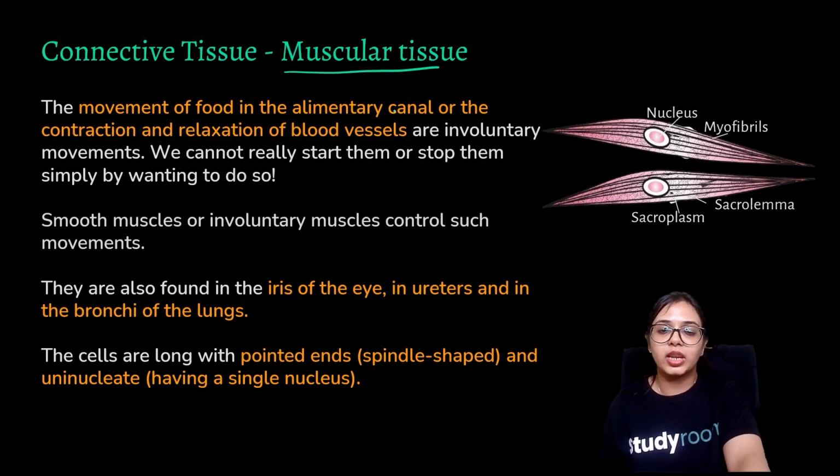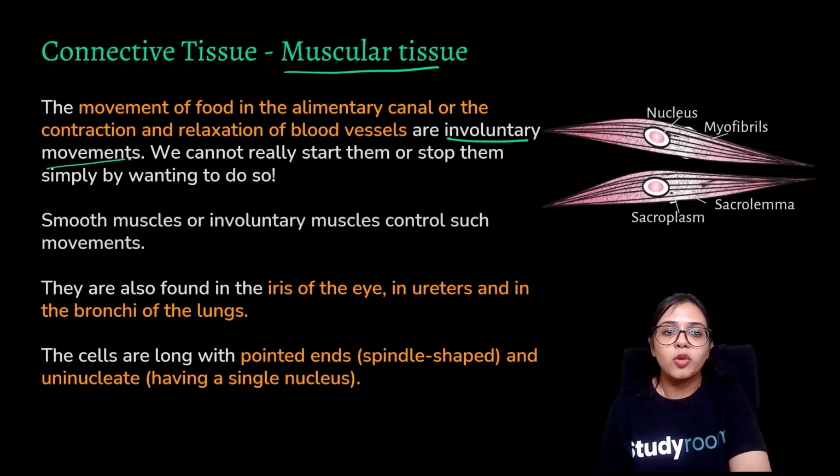The movement of food in the alimentary canal, or even the contraction and relaxation of blood vessels, they are involuntary movements. That is, we do not do this willingly. We do not exert some pressure or some force to do it. It is happening within our body by itself. We cannot really start them, or stop them simply by wanting to do so.